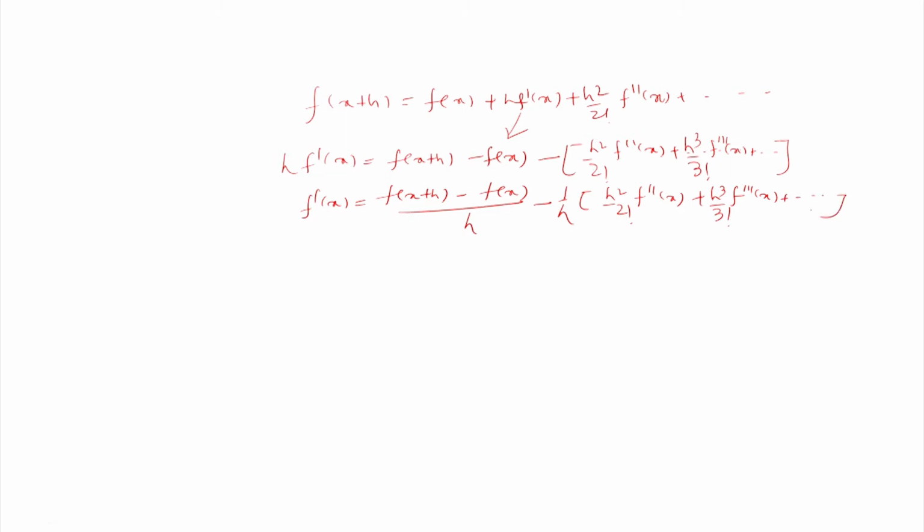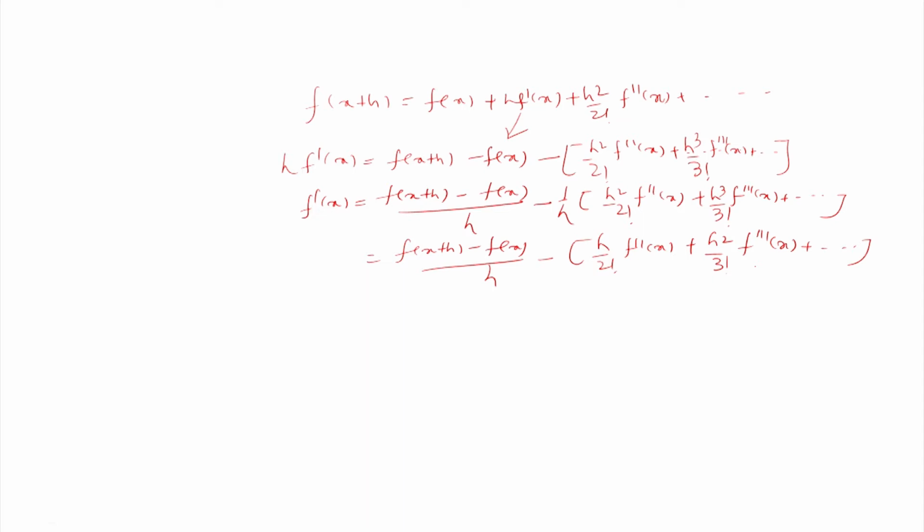So if we multiply 1 by h with the remaining terms, we can get it as f of x plus h minus f of x by h, that is nothing but minus of h by 2 factorial f double dash of x plus h square by 3 factorial f triple dash of x plus all other terms here.